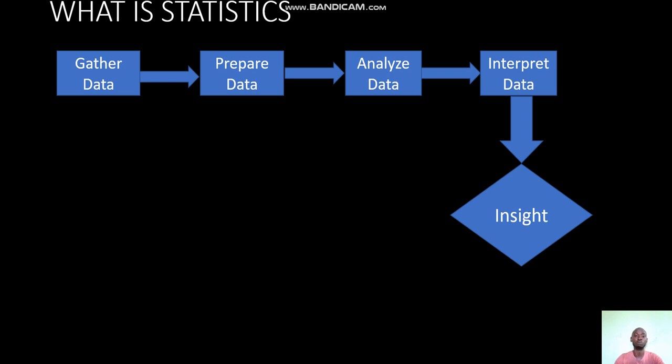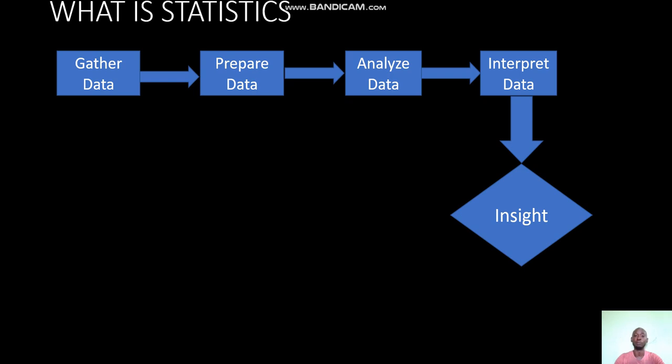You first of all make inquiry to know why that particular cell does not have a value in it. If it is not supposed to have a value, then you know. If it is supposed to have a value and it is not there, then you try to find out why the cell does not have the value. And in some cases, you might have to remove any cell that does not have a value in it.